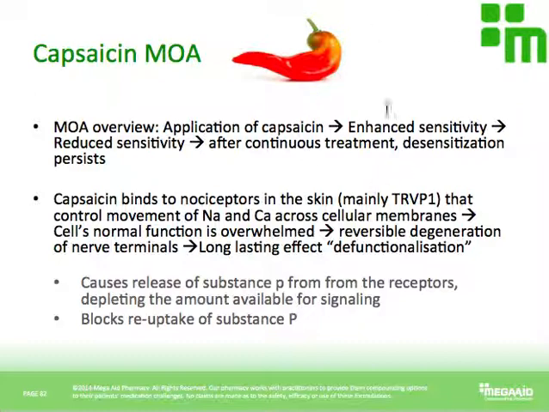But on the other hand, what it's also going to do, it's going to bind to the nociceptors in the skin, and basically it will overwhelm the cellular machinery, causing reversible degeneration of the nerve terminals and causing this effect that's called long-lasting defunctionalization. So basically nerve terminals become non-responsive to pain.